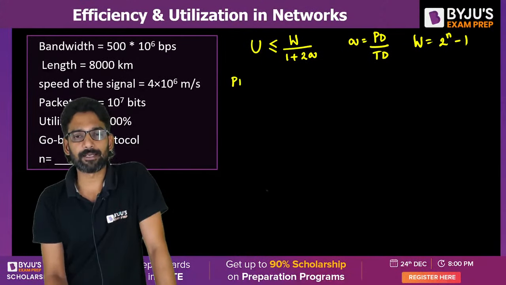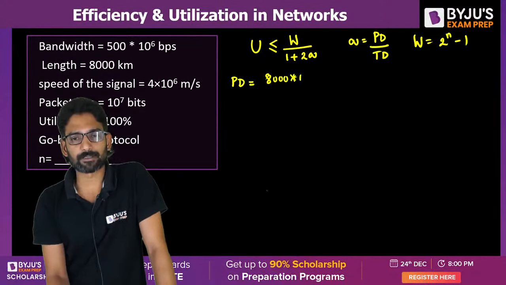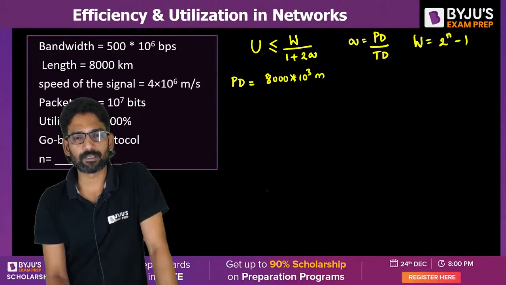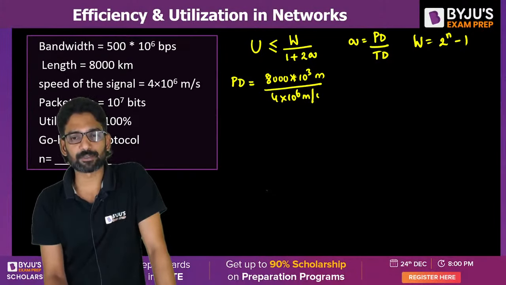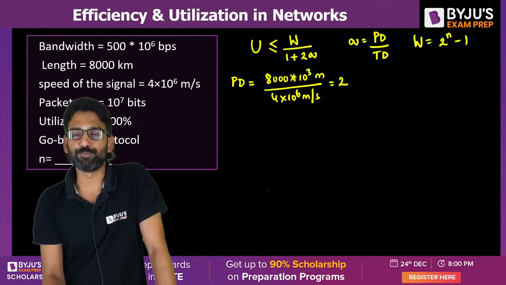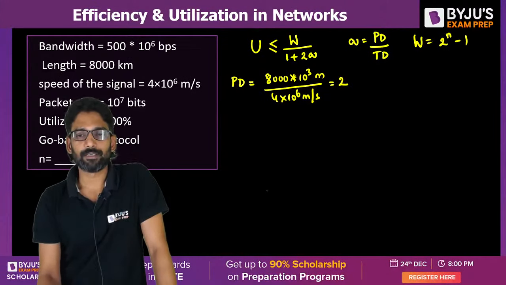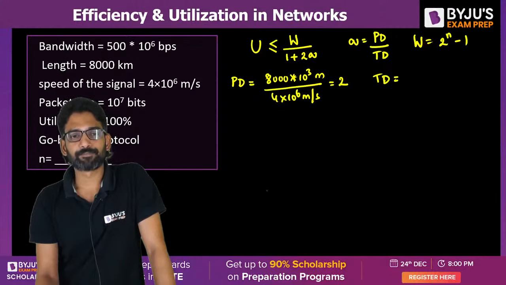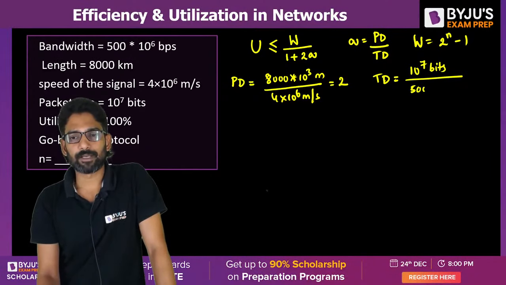So first calculate propagation delay, that is length by speed, 8,000 kilometers means 8 into 10 cube meters by 4 into 10 power 6 meters per second. This results in 2 seconds, right? And transmission delay, packet size by bandwidth, 10 power 7 bits divided by 500 into 10 power 6 bits per second.